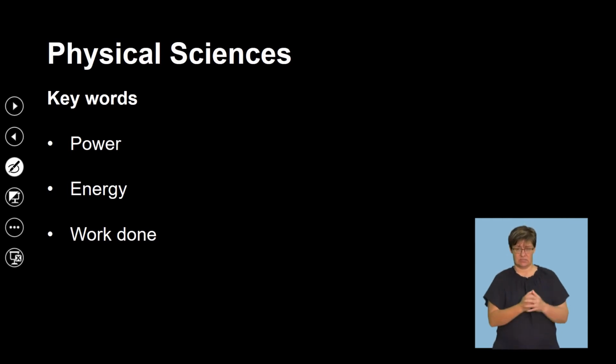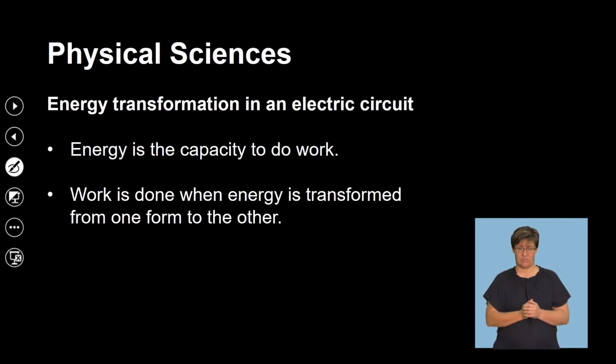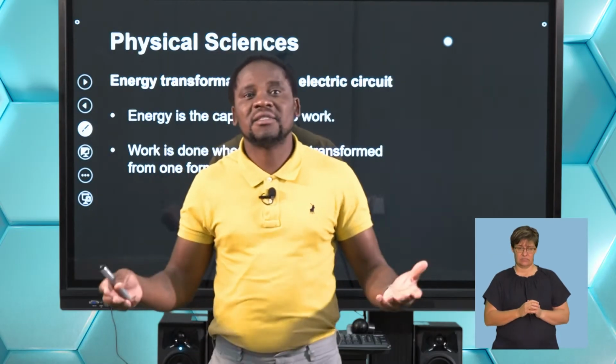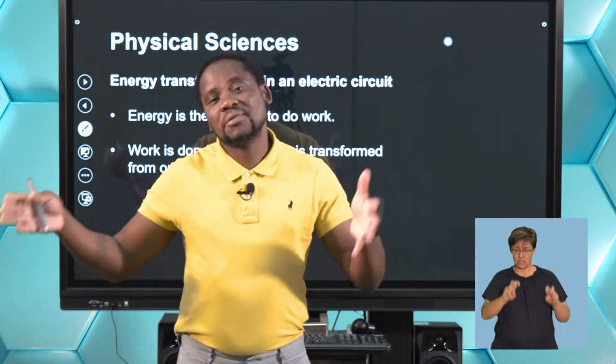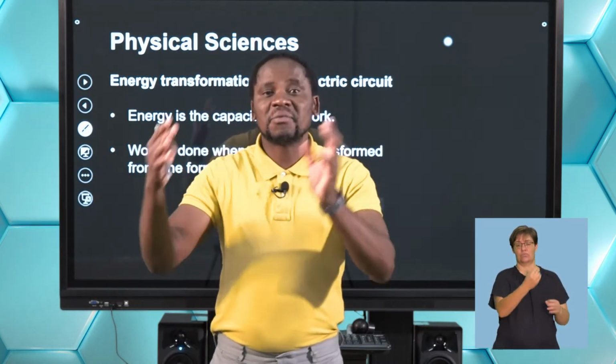Right, without further ado, let's look at energy transformation that takes place in an electric circuit. What we already know in terms of energy from way back is that energy is the capacity to do work. In other words, work cannot be done without energy.